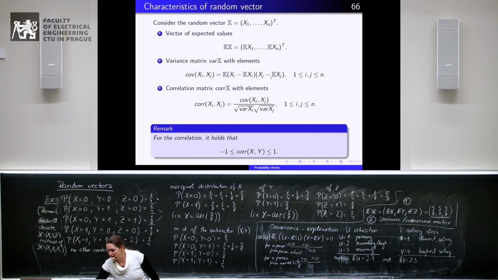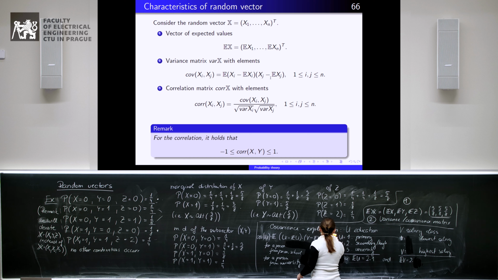And what happens in the situation that we order the salary class in the opposite direction?